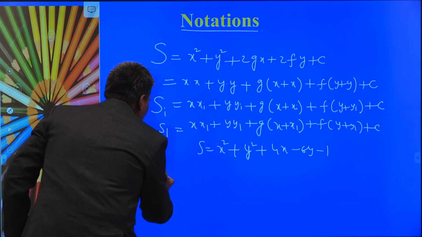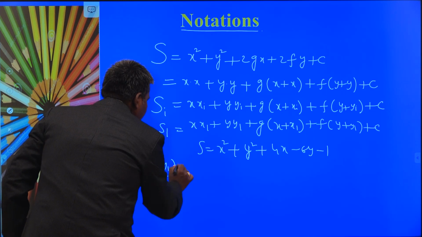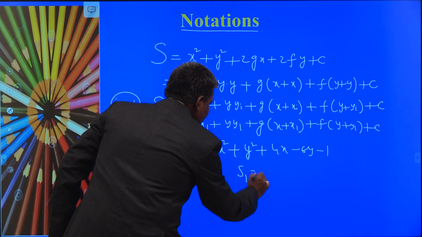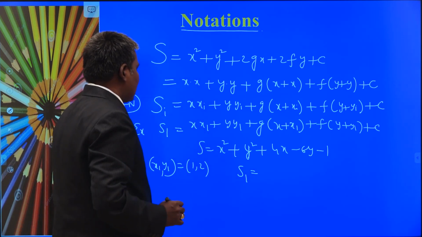Suppose your point is x1 comma y1, which is 1 comma 2. Now how to build up S1?